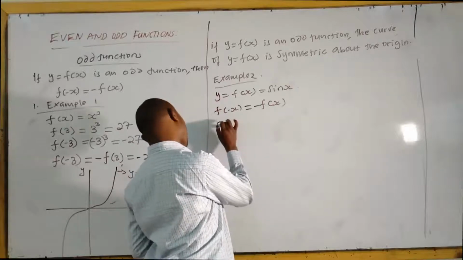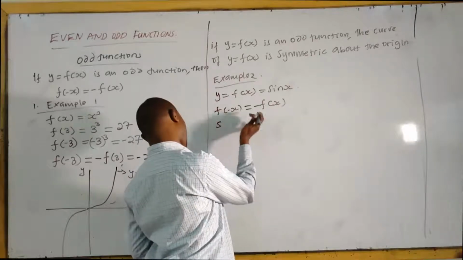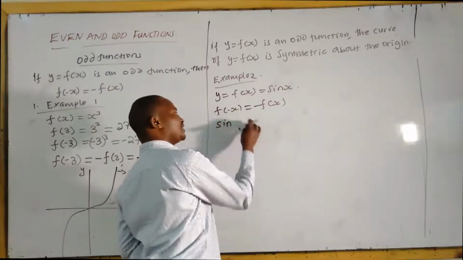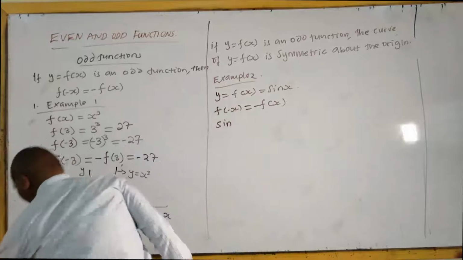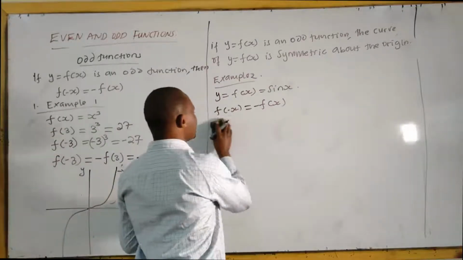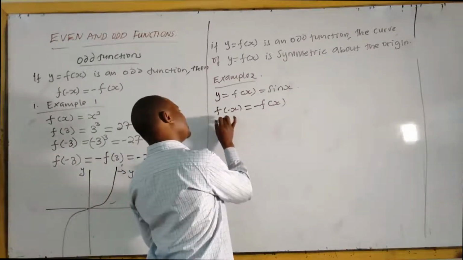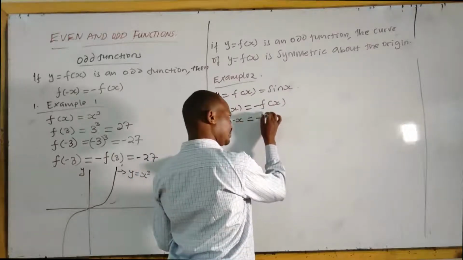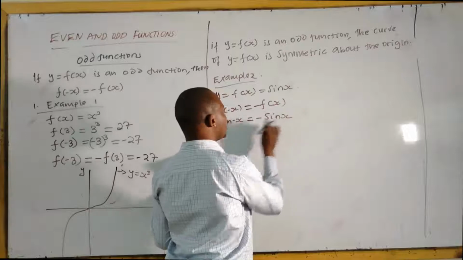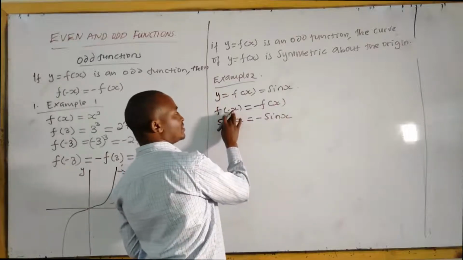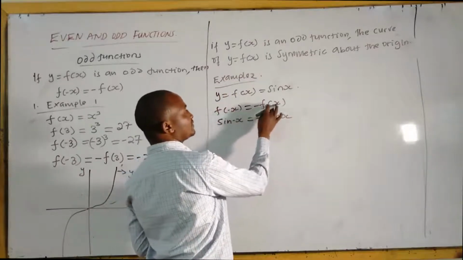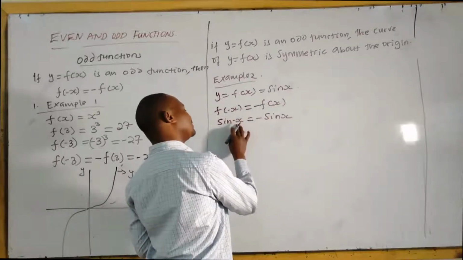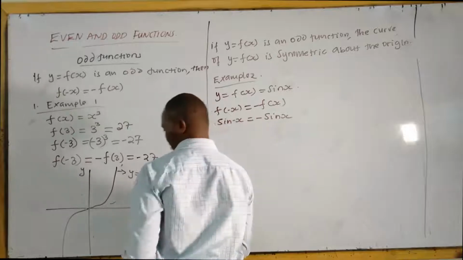Our function here is such that sine of negative x will be equal to negative sine x. Sine of negative x should be equal to negative sine x.